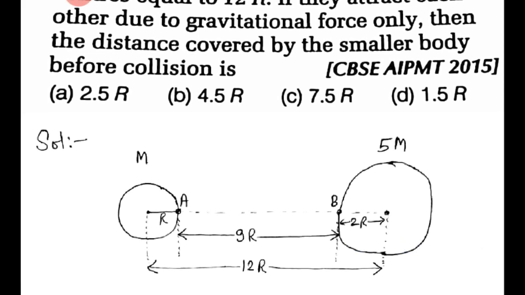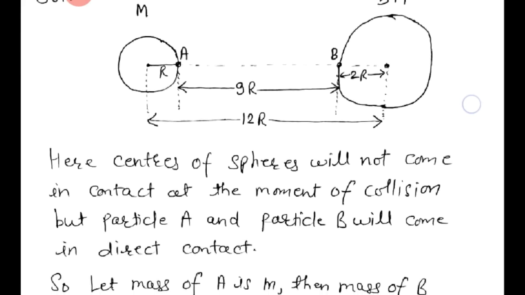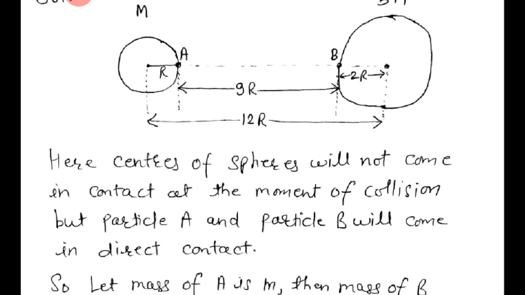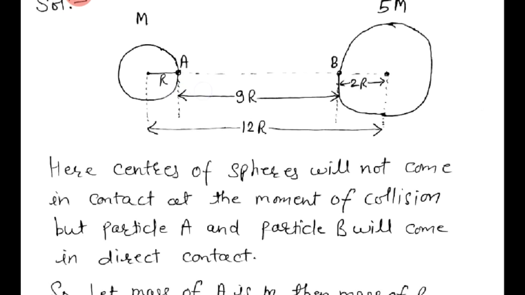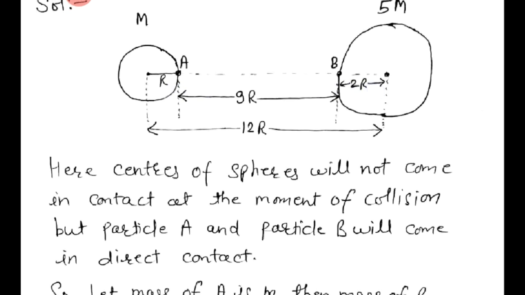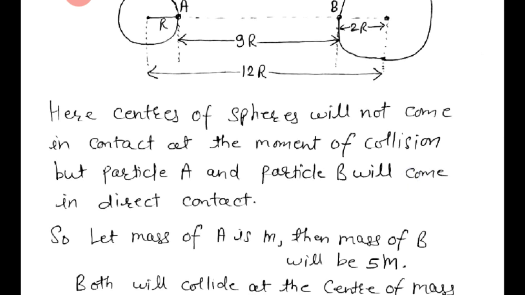Okay, so let's start now. First of all, we will see that at the time of collision, the centers of these spheres will not come in direct contact, but particle A and particle B will come in contact at the moment of collision. Okay, so it is written here.